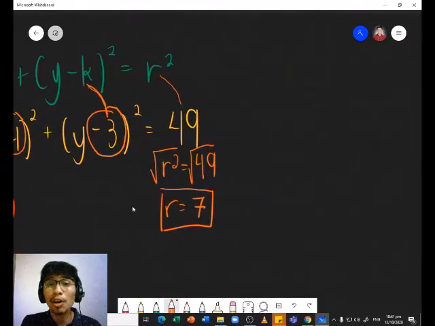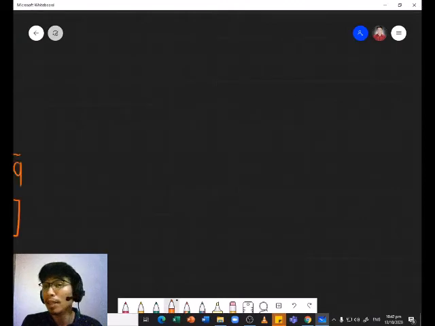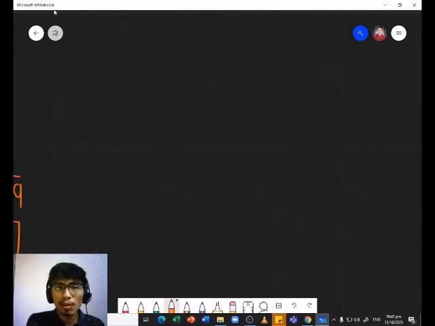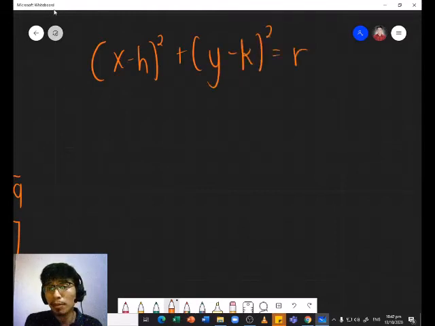Let's try another example for you to really understand how everything is done. Every time you are given the center radius form, you always write the center radius form. So what is again my center radius form? That is (x - h)² + (y - k)² = r², ladies and gentlemen.